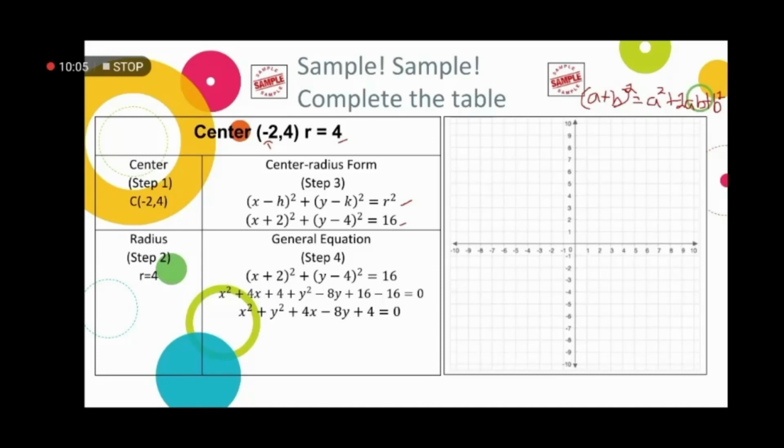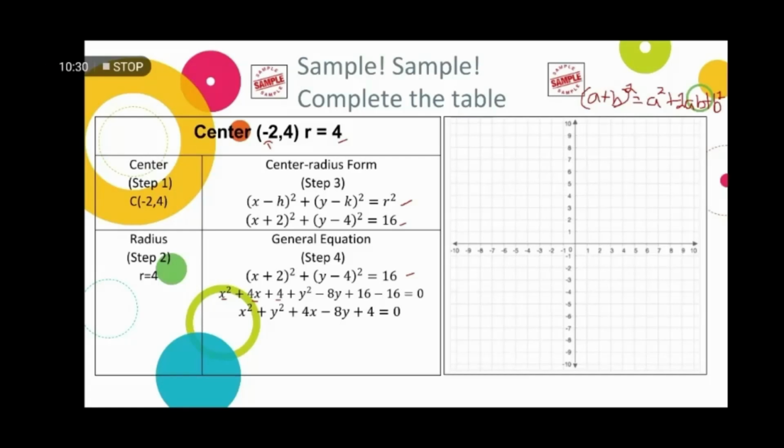If we expand (x plus 2) squared, we have the square of the first term, x squared; 2 times 2 is 4, times x, 4x; and the square of the second term, 4.